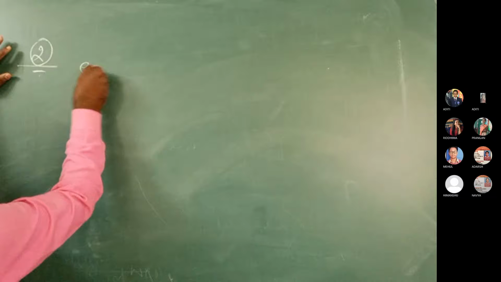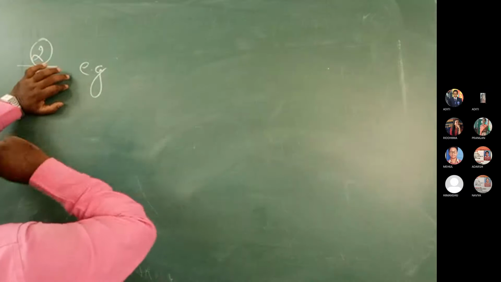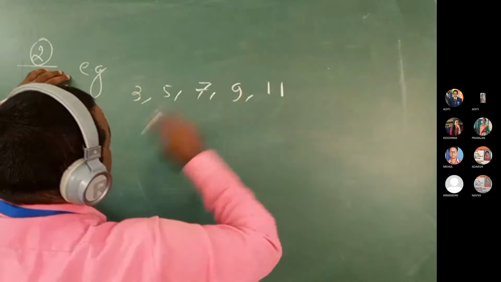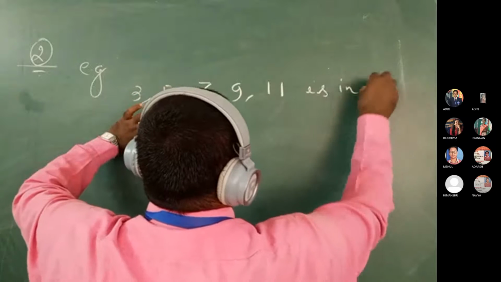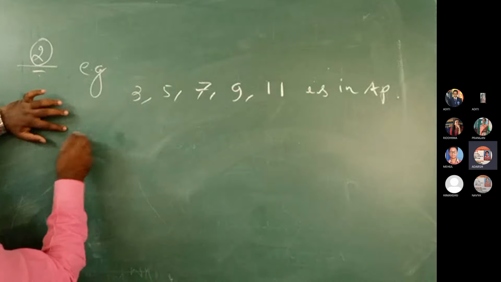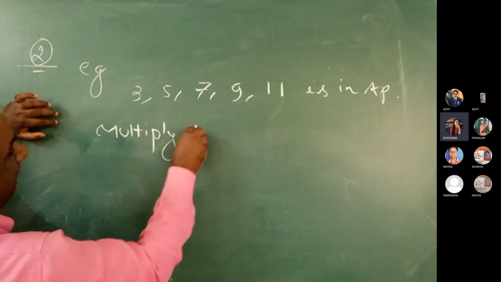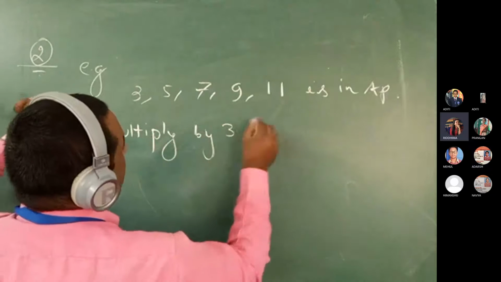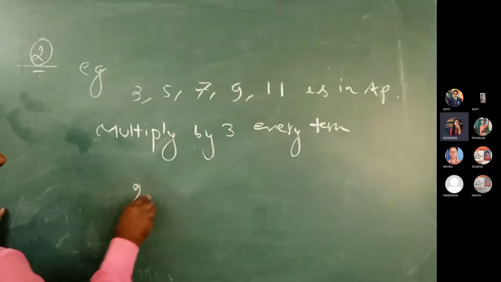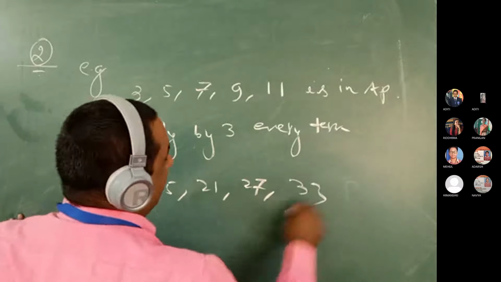For example, take any AP like 3, 5, 7, 9, 11. And if you multiply by 3 to every term, we get 9, 15, 21, 27, 33.